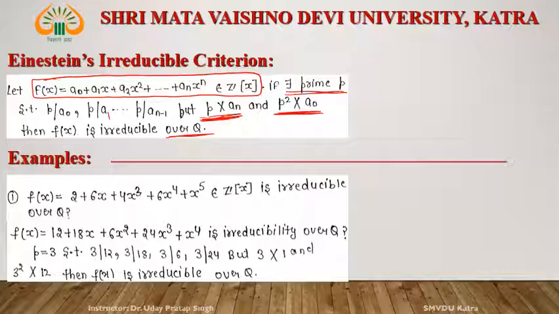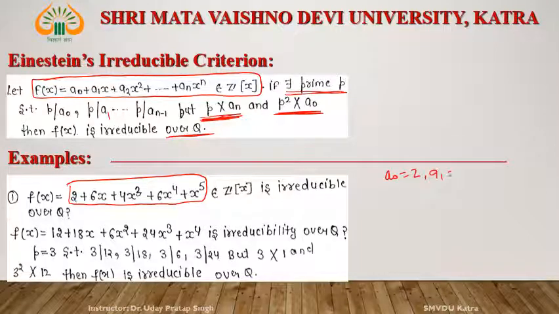Okay, see the example. f(x) is equal to this. Now see, what is a0? a0 is equal to 2. What is a1? 6. What is a2? 0. What is a3? 4. What is a4? 6. What is a5? 1. Now consider p equal to 2.